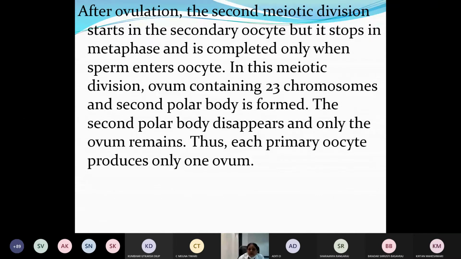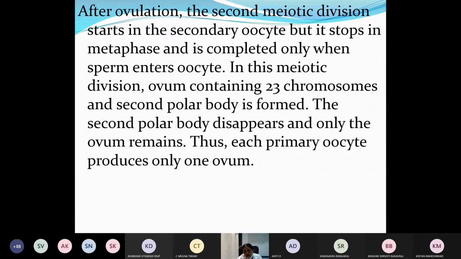After ovulation, the second meiotic division starts in the secondary oocyte, but it stops in metaphase and is completed only when the sperm enters the oocyte.